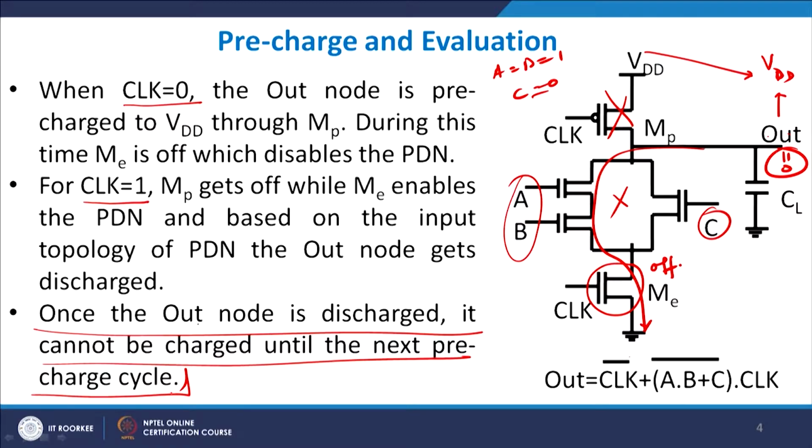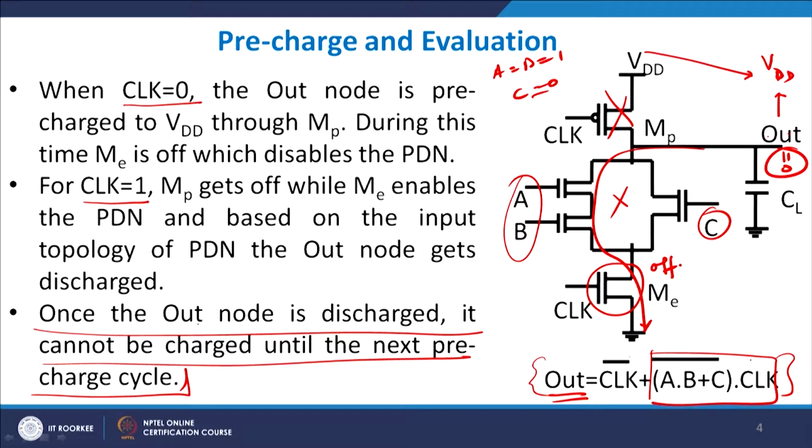You understand this point? And therefore, out can be written in terms of clock bar, because when clock bar is high, clock will be low. So, this will be 0, and therefore out will be equal to VDD, out is equal to 1.